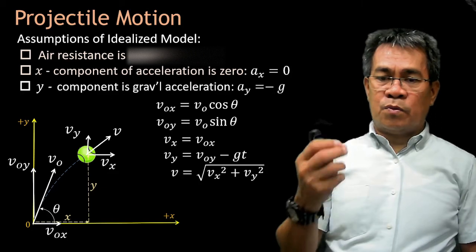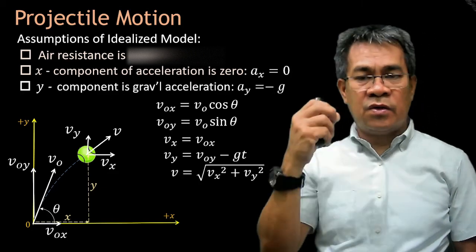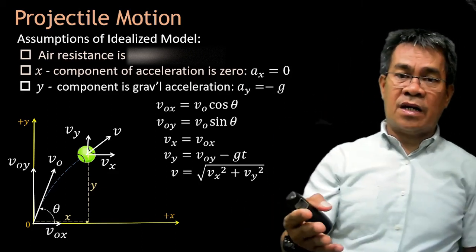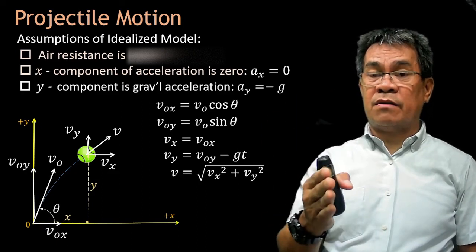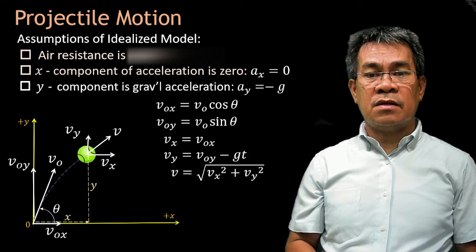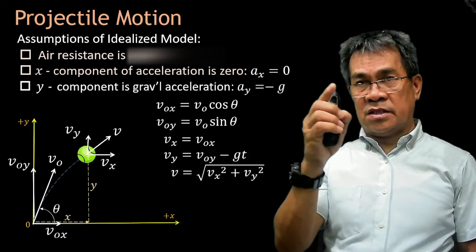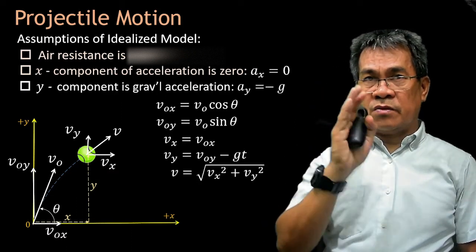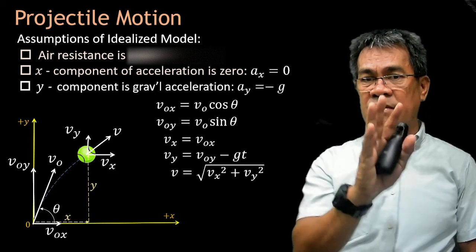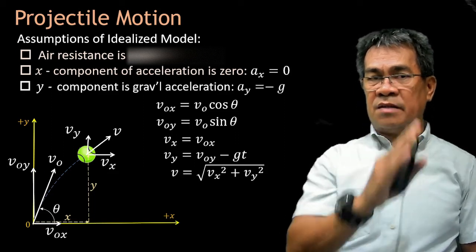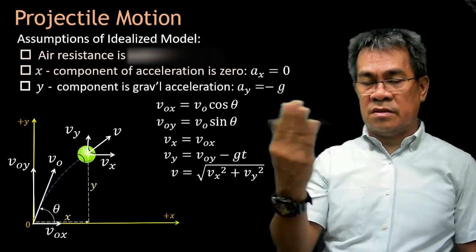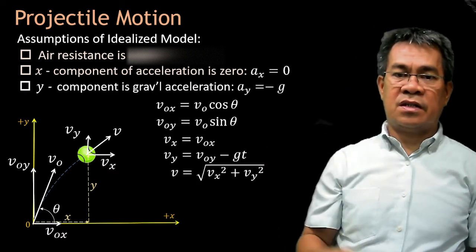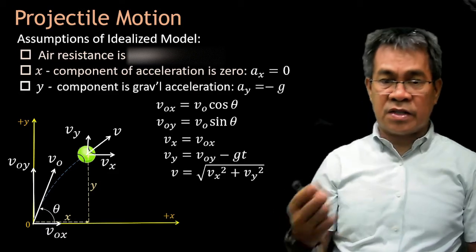To compute the positions, we need to recall again the formula in a uniformly accelerated body for the position function. Remember that the position is equal to the product of the initial velocity times the time plus 1/2 at squared.